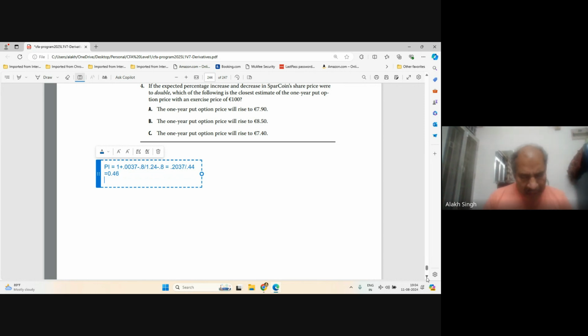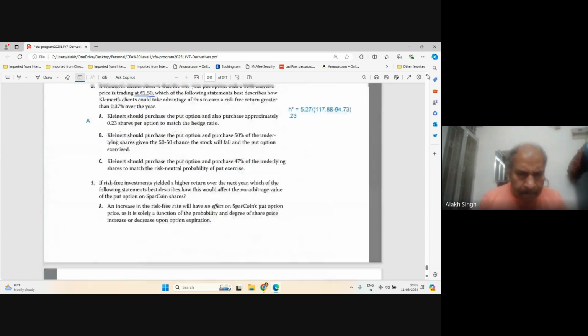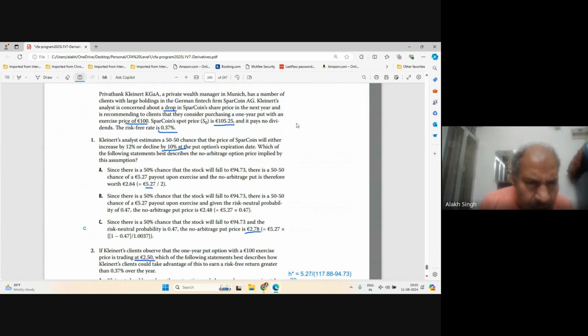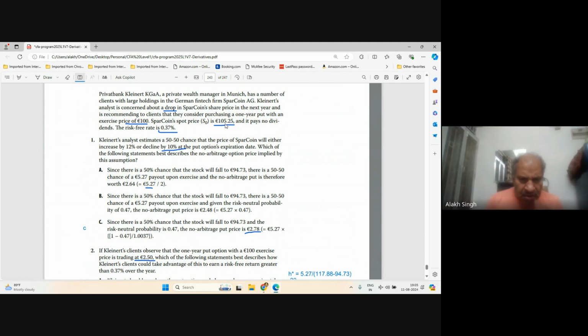Now, 1 minus pi will be 0.54. So P0 is equal to 0.46 times 0, so it is 0, and 0.54 times the exercise price. Exercise price was 100. 100 minus, it falls down to how much?